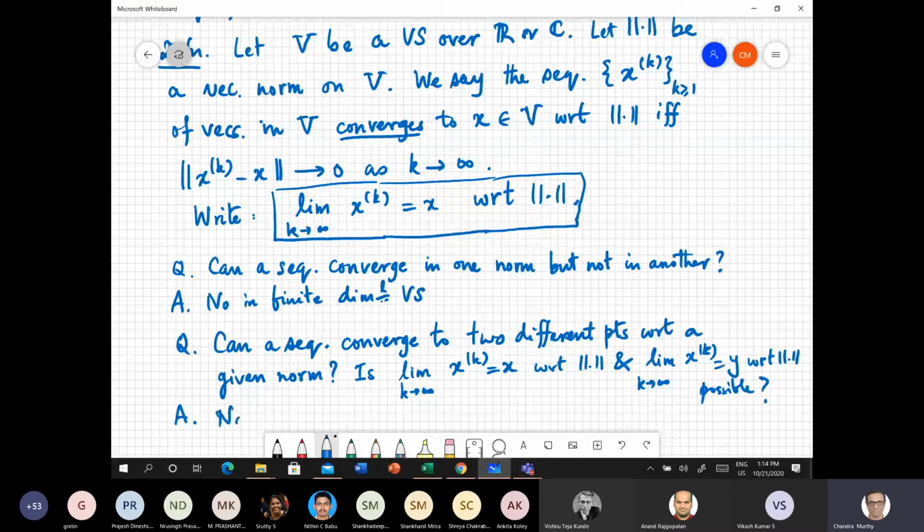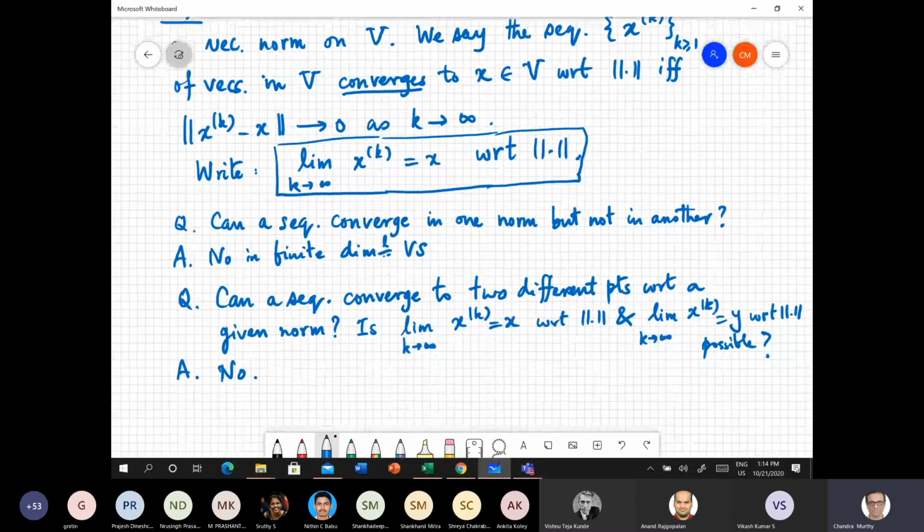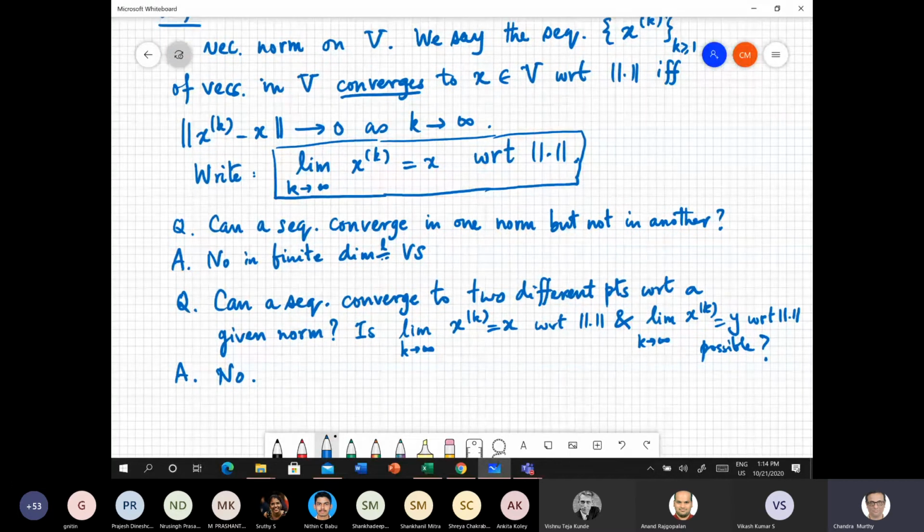And the answer is no. And that's very easy to see, and I guess some of you might have already been able to figure out why. And the reason follows from triangle inequality.